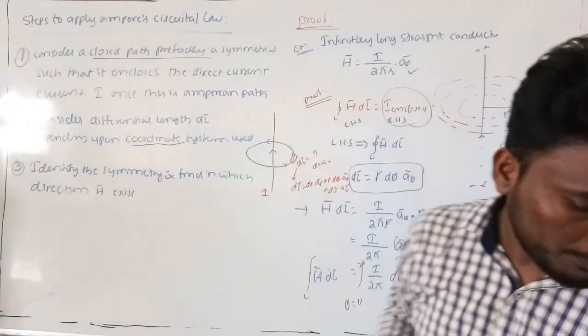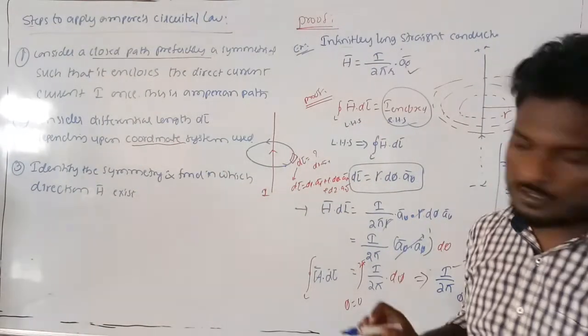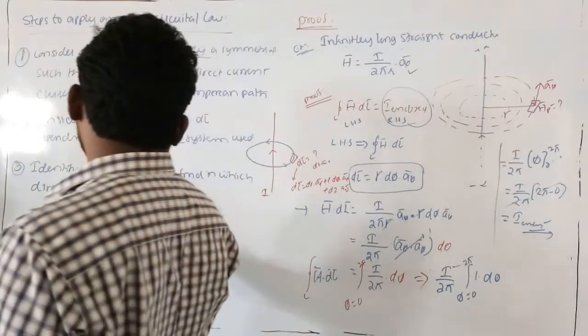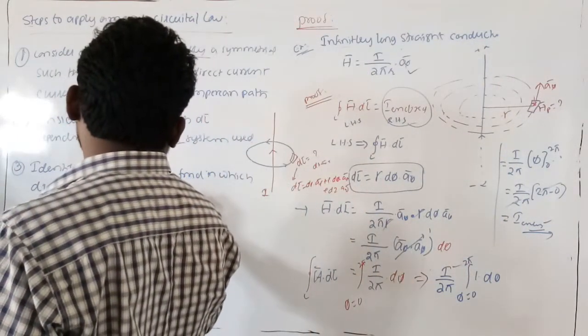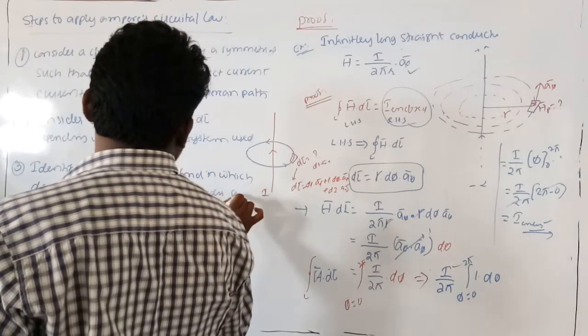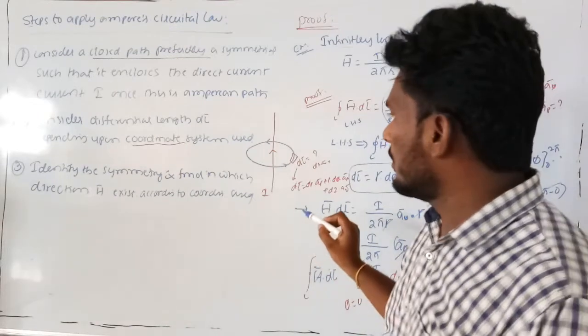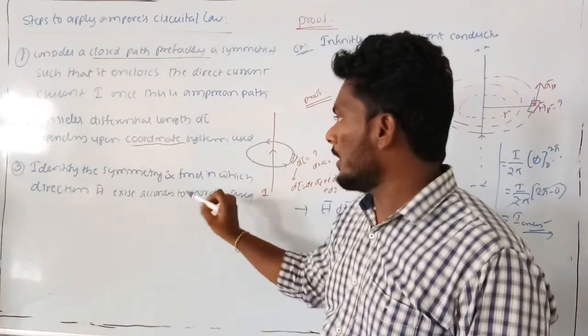H bar exists according to the coordinate system used. Now see, identify the symmetry and find in which direction.